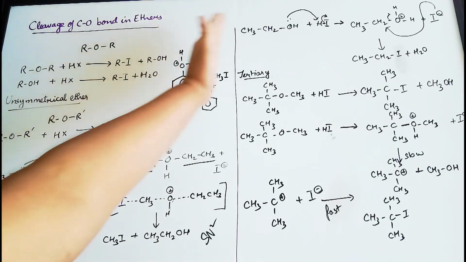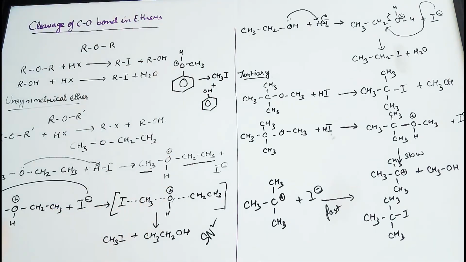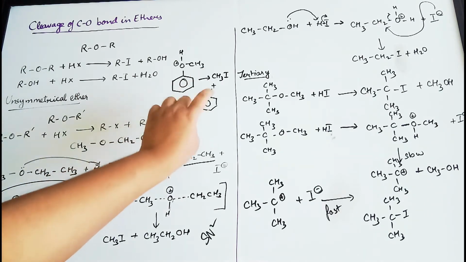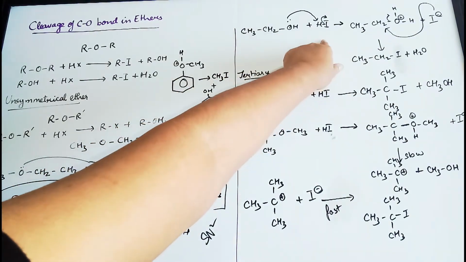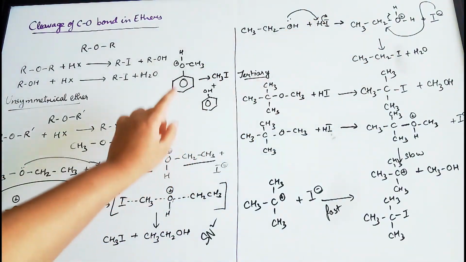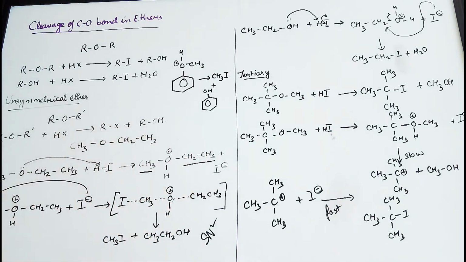Now CH3 is getting removed and you have the formation of CH3I and a phenol. Now this phenol is not going to further undergo reaction like this alcohol did. It won't happen in the case of a phenol because it is stable towards reactions with hydrogen halides. And with that, we're done with the cleavage of CO bond in ethers.